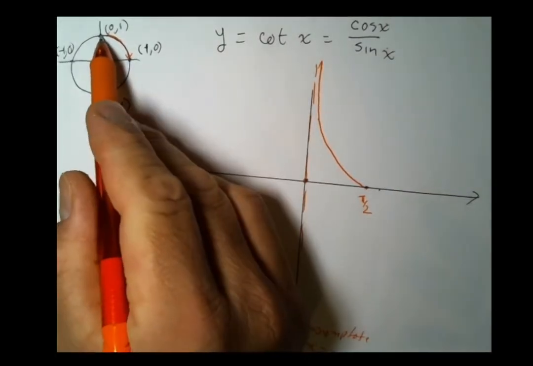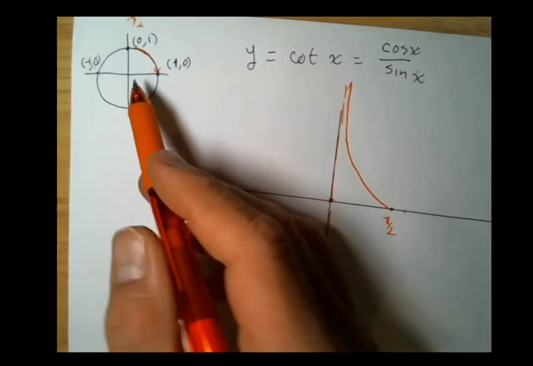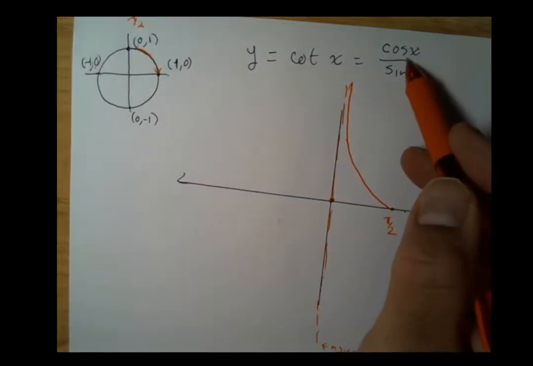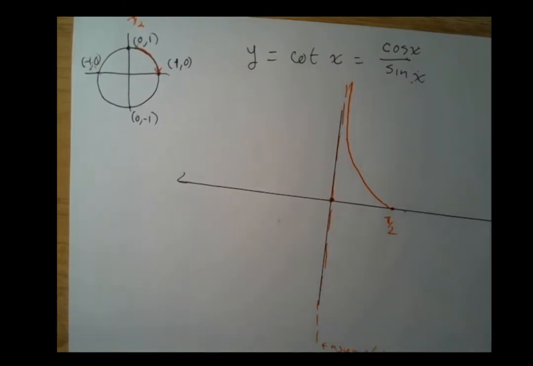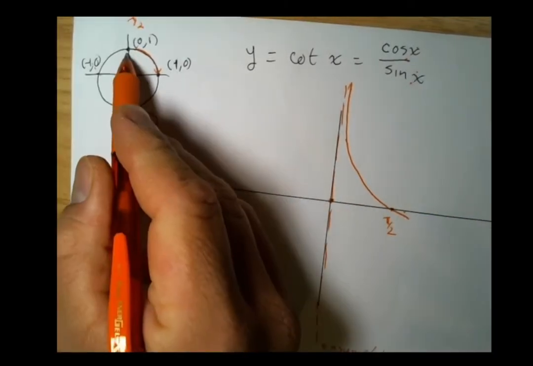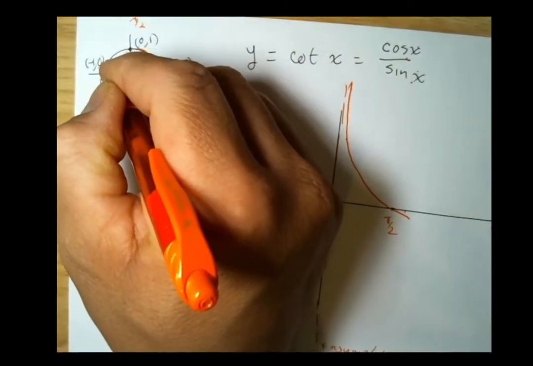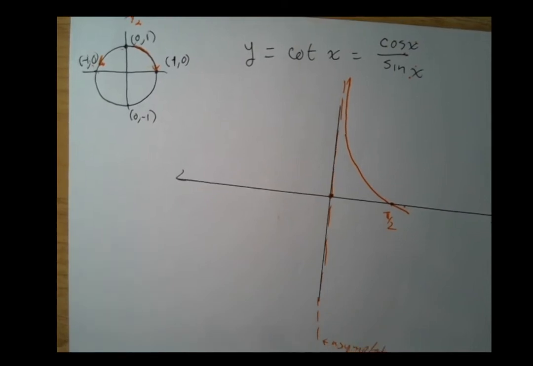Now as we move past pi over 2 to pi, we get negative values, because the cosine is negative but the sine is still positive, so overall we get a negative value. It continues going negative. As we get closer to negative 1, 0, the values in the denominator are getting smaller and smaller, and a finite number over a very small number is a very large value.